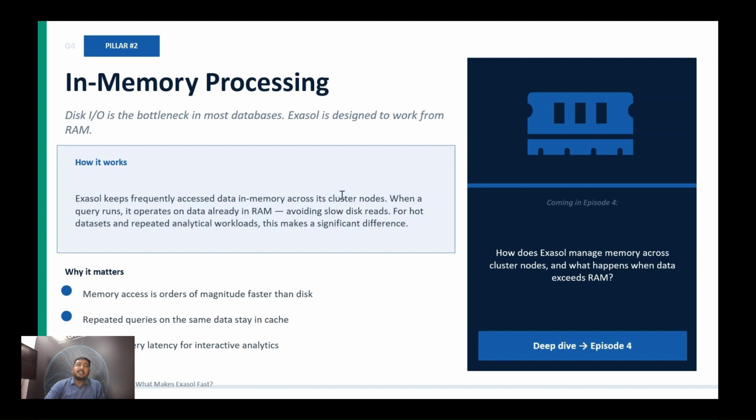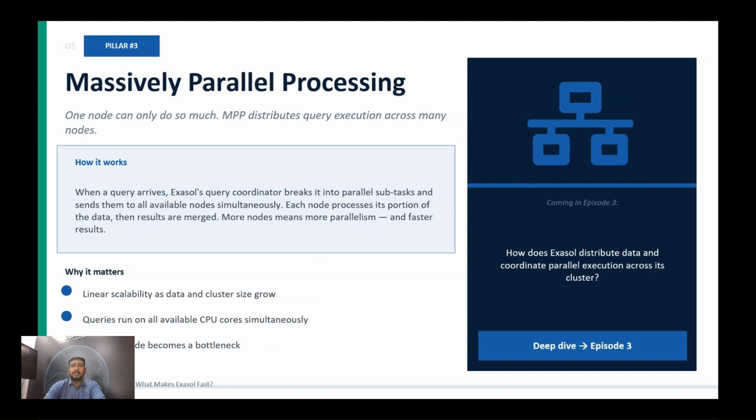The official DB RAM sizing guidance starts at 10% of raw uncompressed data volume. That's how efficient the compression is. It matters because memory access is orders of magnitude faster than disk. Repeated queries on the same data stay in cache, reducing query latency for interactive analytics. We'll deep dive into this in episode 4.